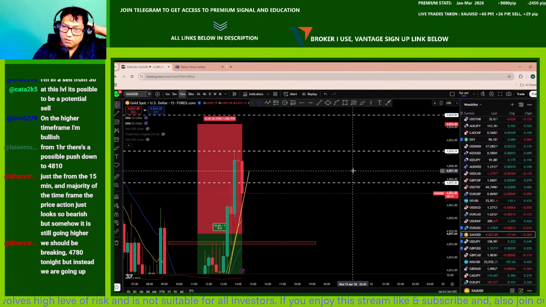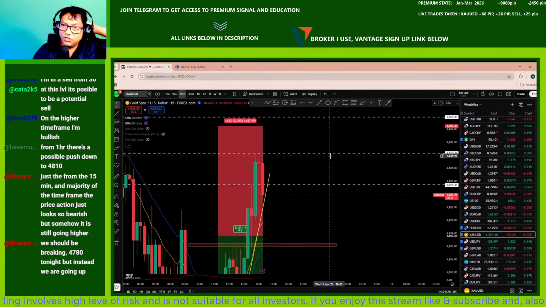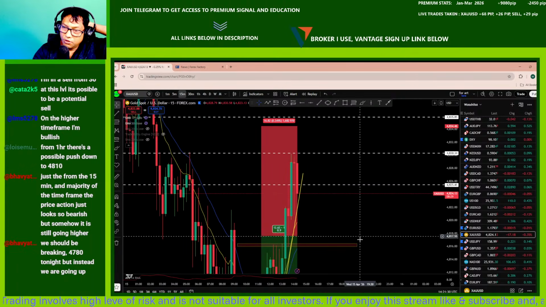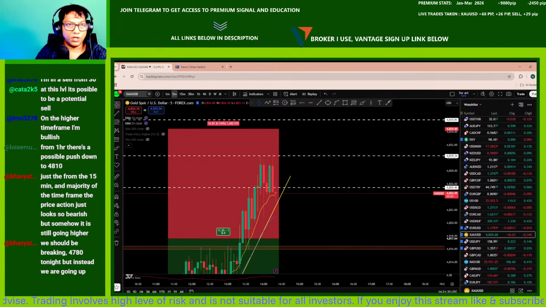And yeah, so this, if you look at this, is 15 minutes candlestick pattern. If it get rejected properly, you might see the market to deepen here further below to this support area.